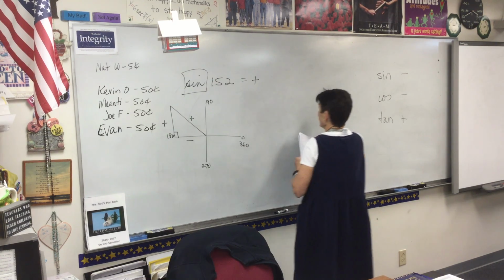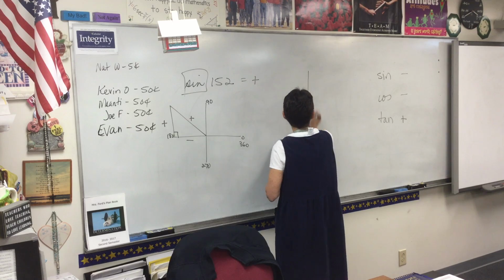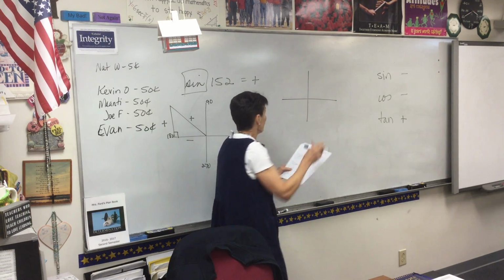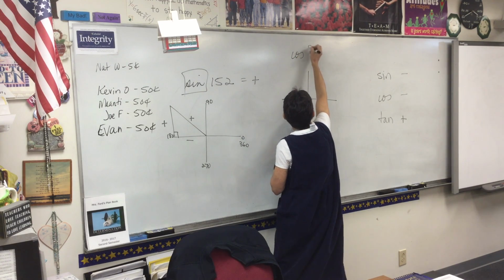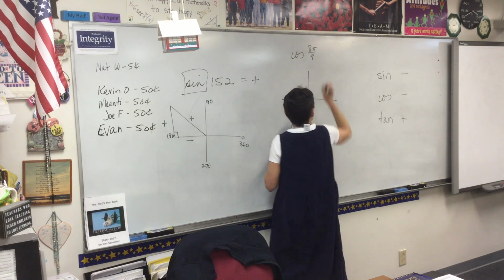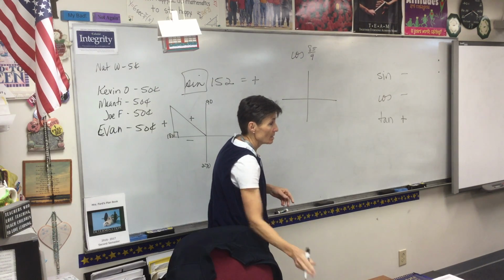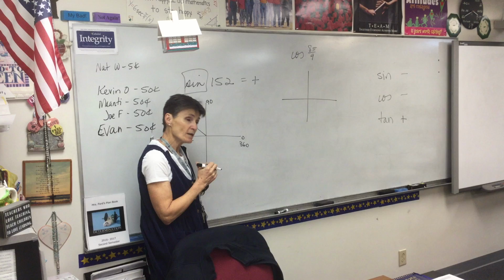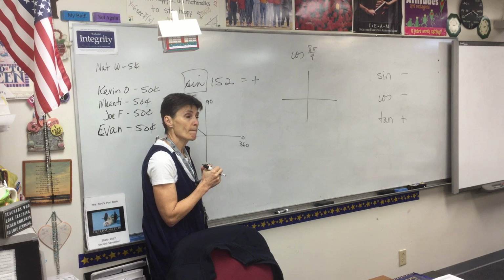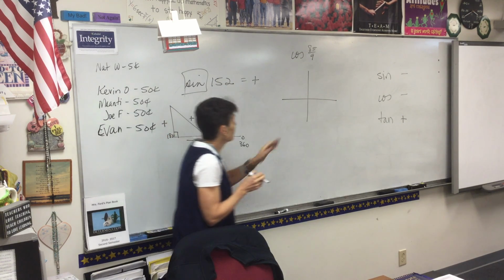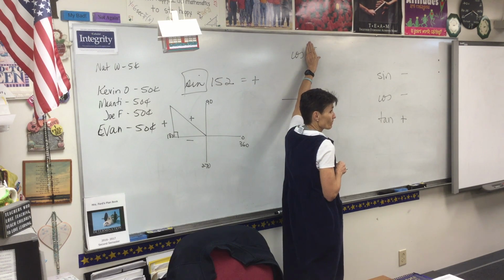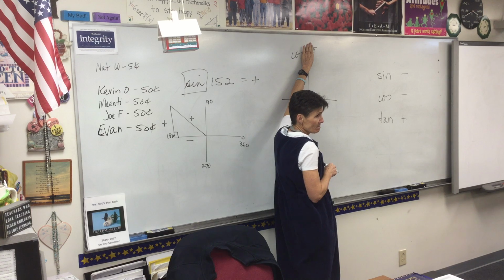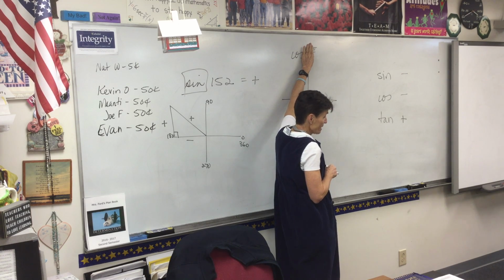Now, this next one, you can do a couple of different ways. We want to know about the cosine of 8 pi over 9. Now, if you want to, could we change that to a degree measure? Yeah. We know pi is 180. 180 divided by 9 is 20.